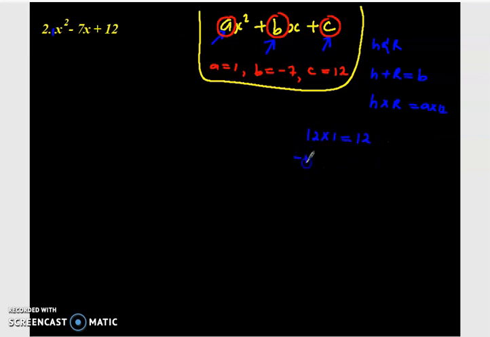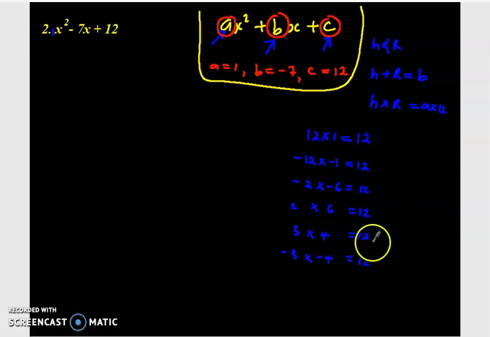We can look at -12 times -1, this is 12. We can look at 2 times -6, that's -12. We can look at 2 times 6, that's 12. We can also look at 3 times 4 equal 12, and also -3 times -4 equals 12.